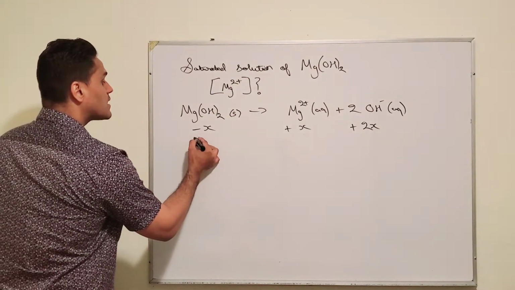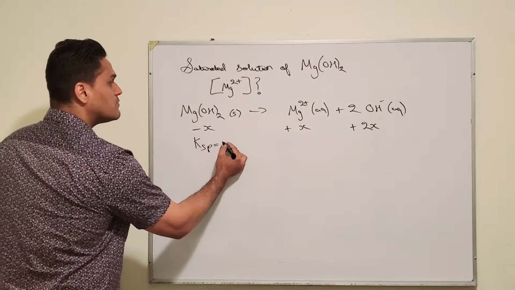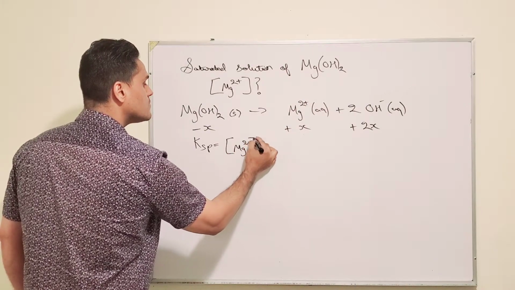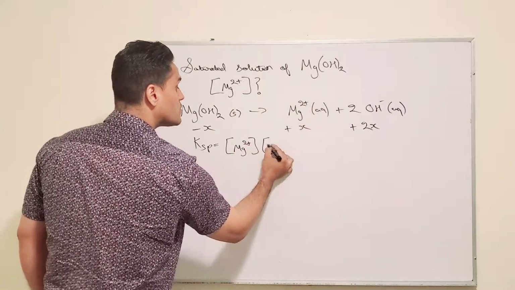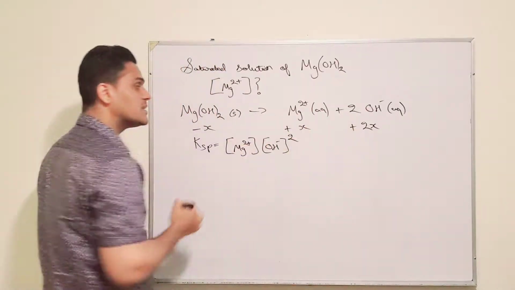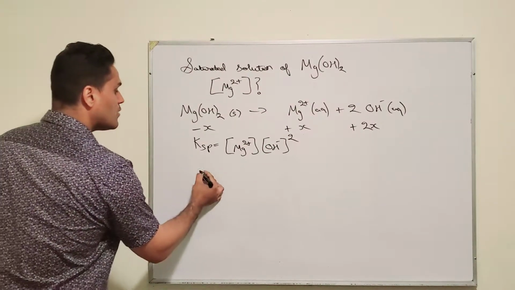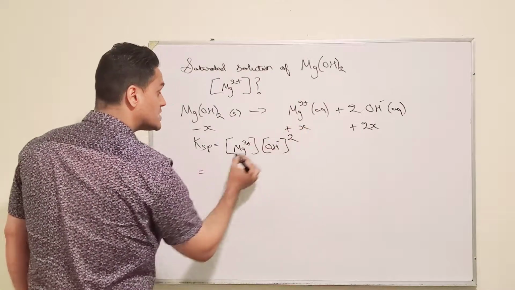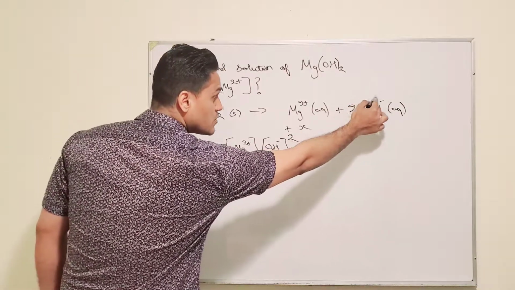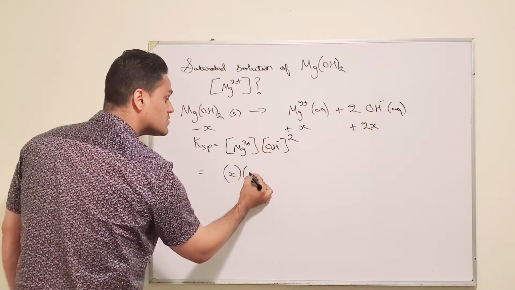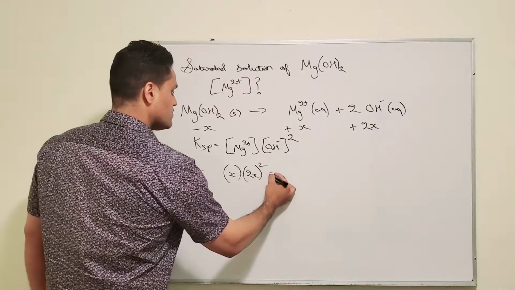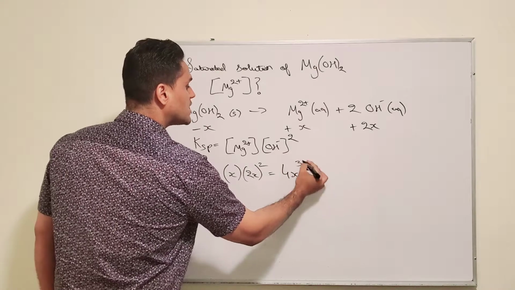And we're going to write our Ksp expression, which is just concentration of Mg2 plus times concentration of OH minus, except there's a 2 in front, so that's going to become the power. Concentration of Mg2 plus is just X, so this is X times 2X whole square. So this just becomes 4x cubed.